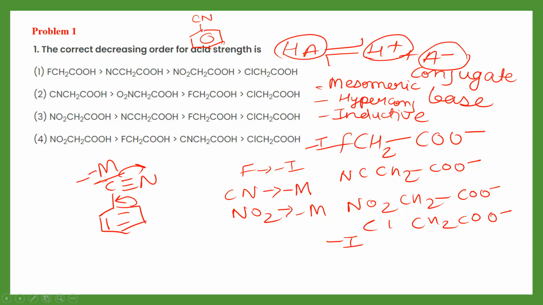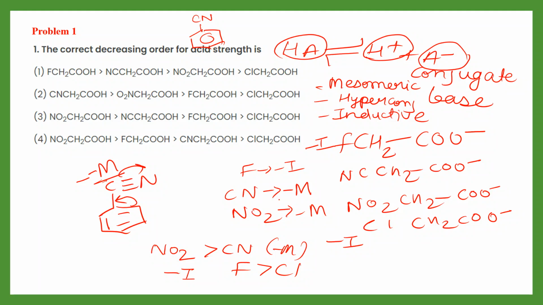Now it comes to the order, the power of minus M and minus I. You should remember NO2 has more minus M power than cyanide. And the minus I effect of fluorine is greater than chlorine, due to the high electronegativity of fluorine.